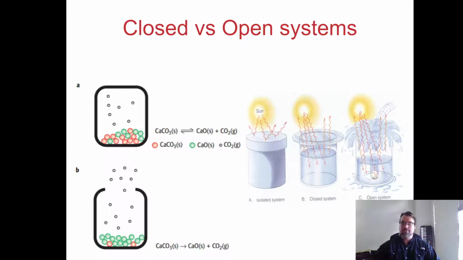A perfectly isolated system. A closed system is one where energy can get in, but matter cannot get in. And the last is an open system, where both energy and matter can get in and out. Okay?